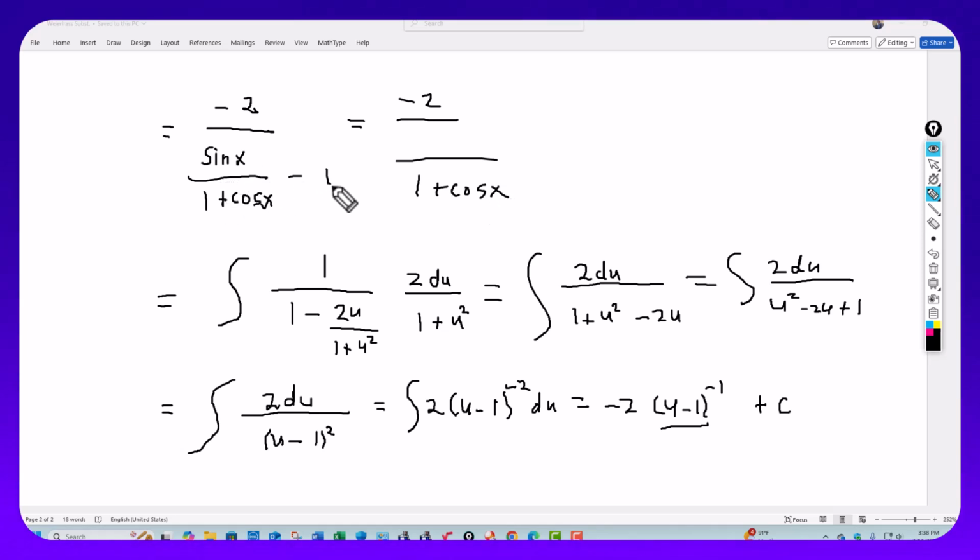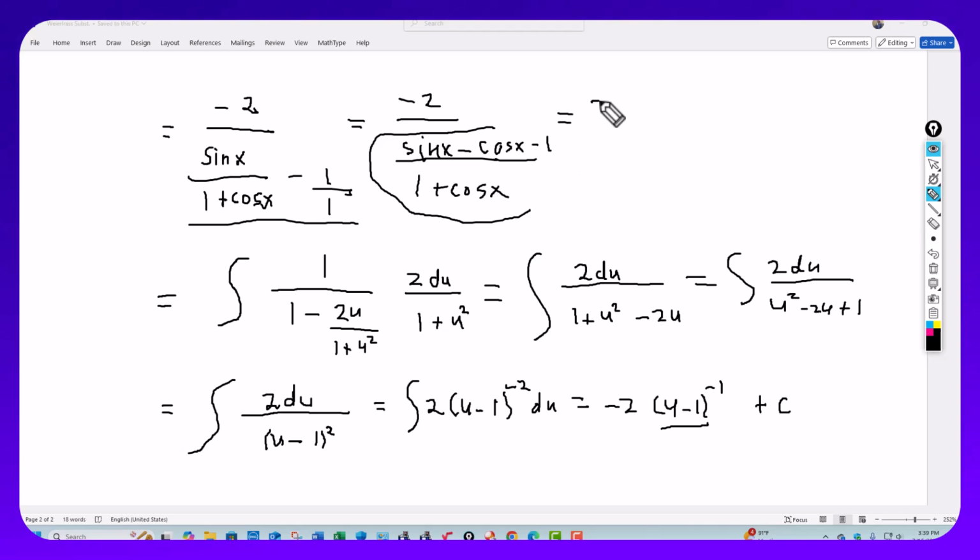And then multiply this numerator and denominator by 1 plus cosine to get the same denominator here. So this will come out to sine of x minus cosine of x minus 1. So I just find the common denominator here, 1 plus cosine of x. I get this. And then we got a complex fraction here. Let's just multiply by the reciprocal of this.